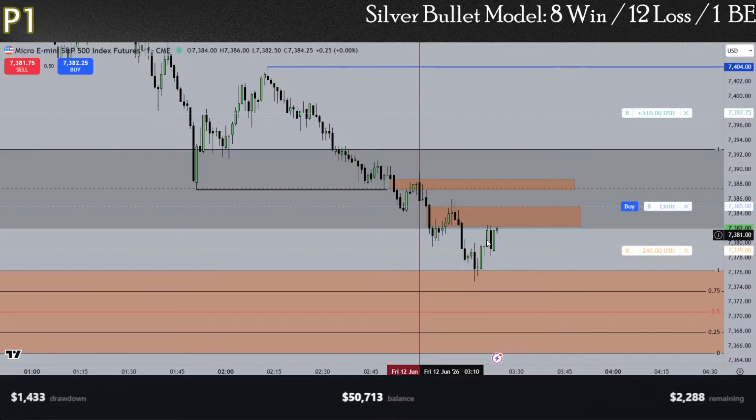So yeah, potential two opportunities here. Either this one, I will look for return, or if we go above this one, I will look there.